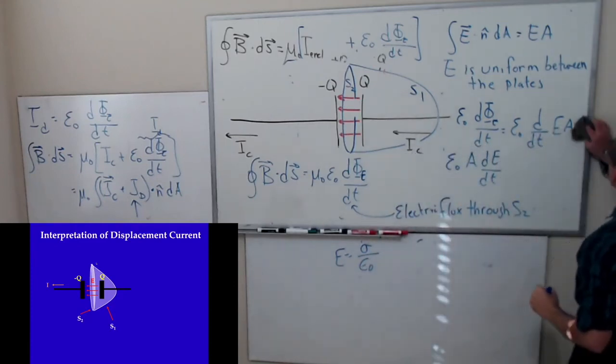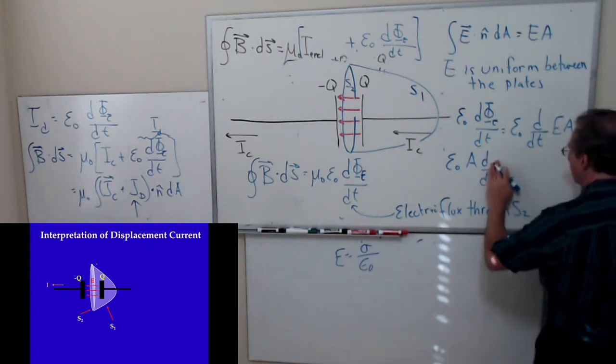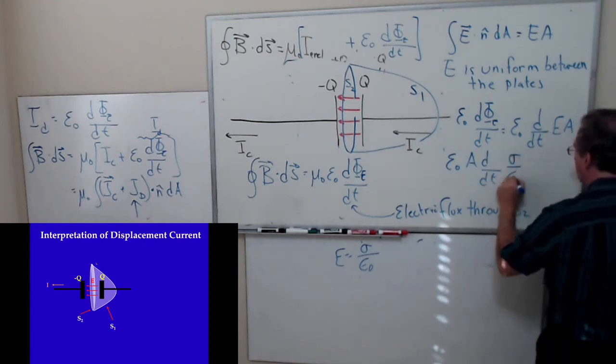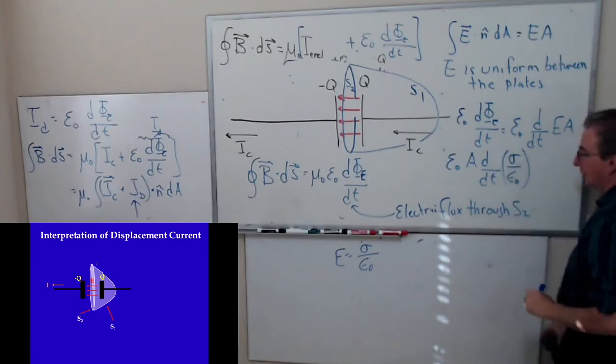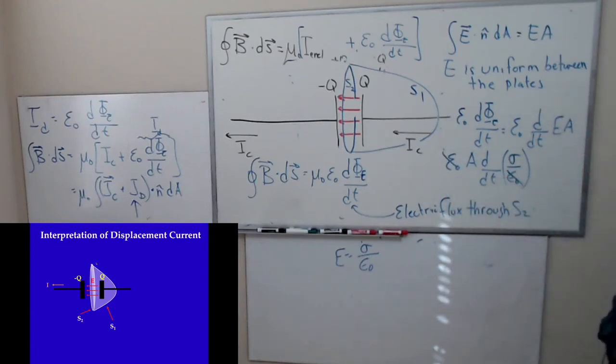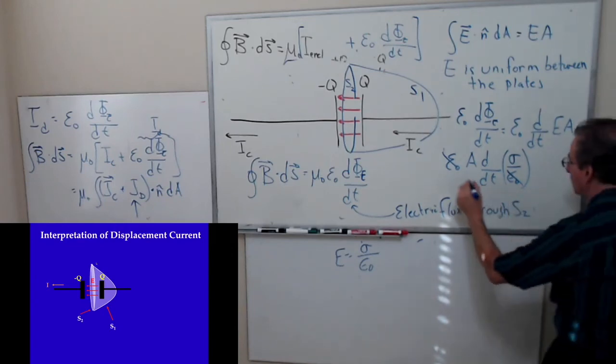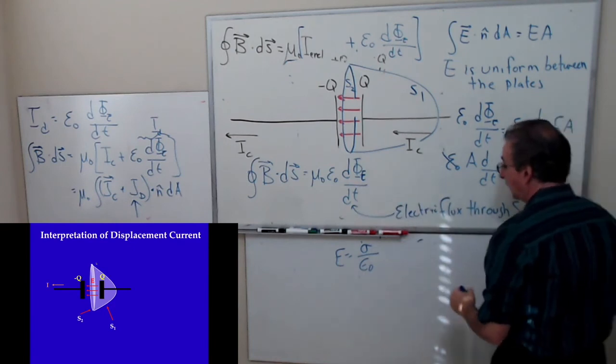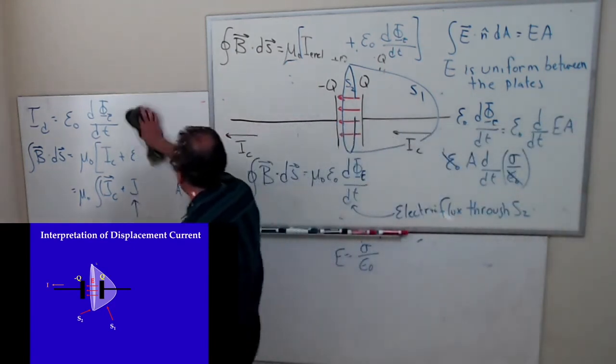So let me put sigma over epsilon naught here. The epsilon naughts cancel. And then I'm left with, so this term right now, and I'm going to write over here because I'm running out of space.